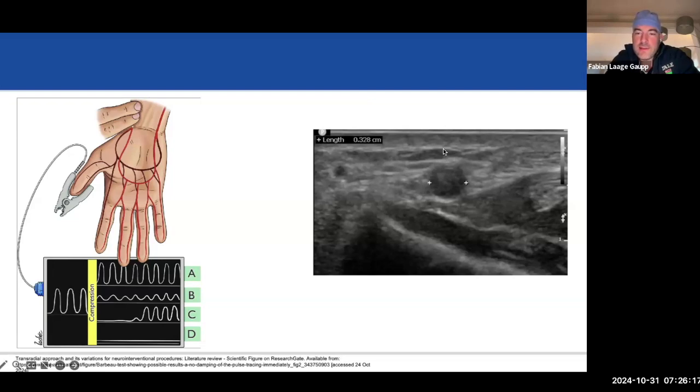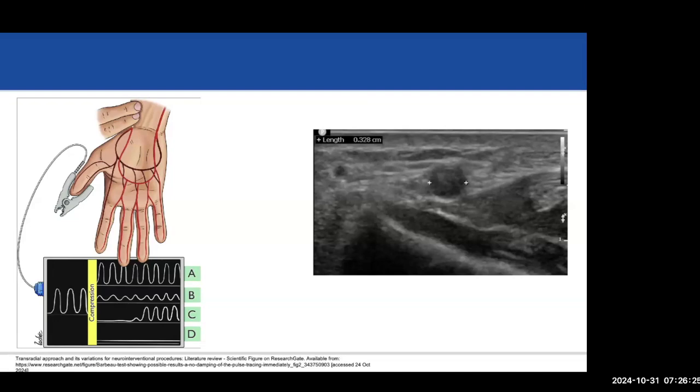Once you get access to the radial artery, what do you need to do which is not needed for femoral access? There's a combination of medication that's needed, like a cocktail. I remember we have nitroglycerin, verapamil, and I can't really recall the third medication.